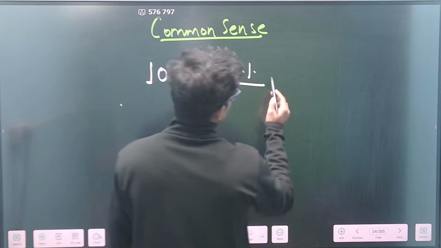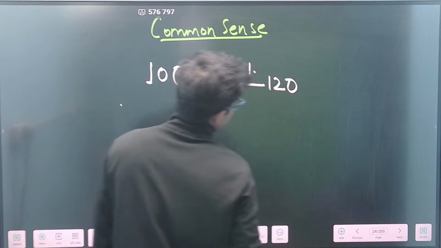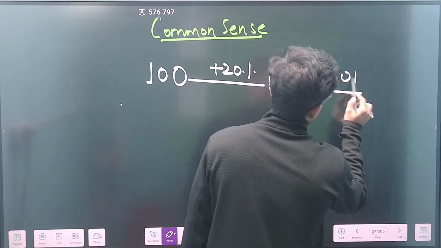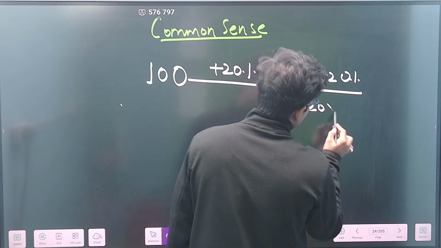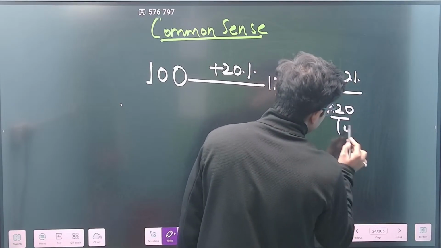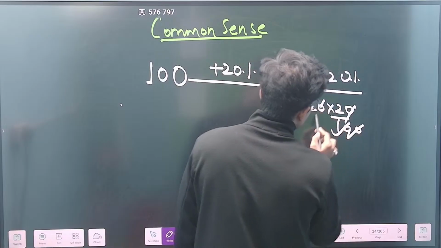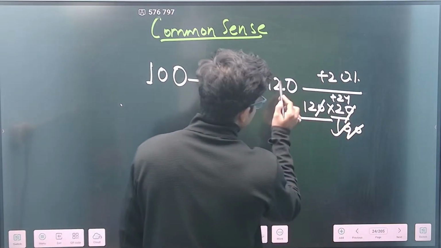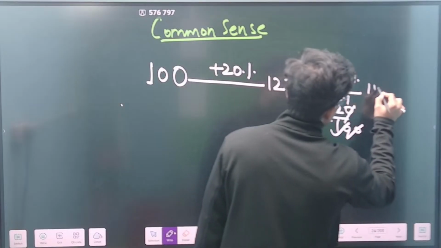Then this value becomes 120. Then again this is increased by 20%. 20% means 120 into 20 by 100, which is 24. There's an increment of 24 now. So it will become 144.